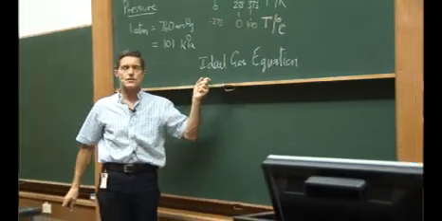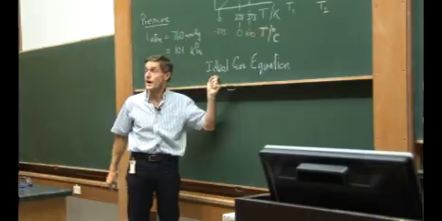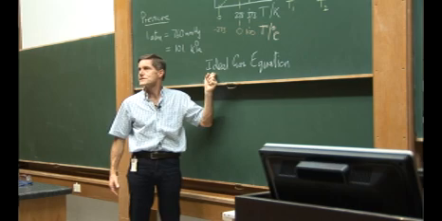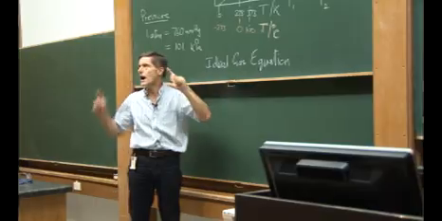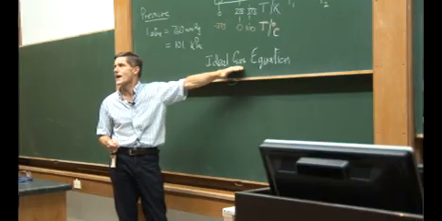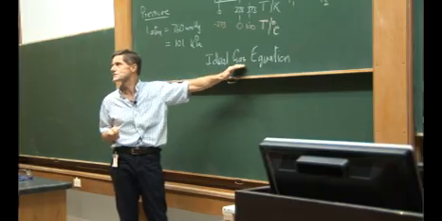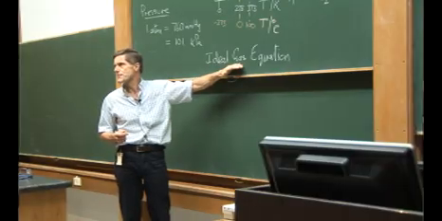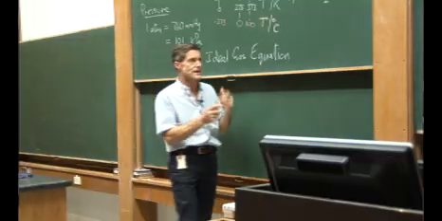The ideal bit doesn't mean that it's a really good equation, but it is. The ideal bit says that we're making some assumptions about the gas, that it acts as an ideal material in which there's no interaction between the gas molecules, and that the gas molecules themselves don't have any size associated with them. And those approximations are pretty good for pretty much everything we want to do.